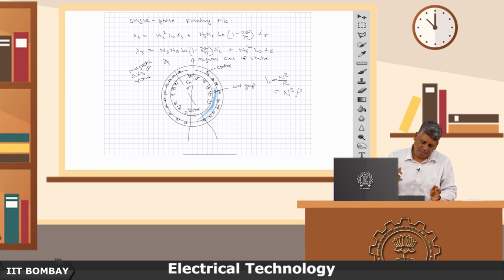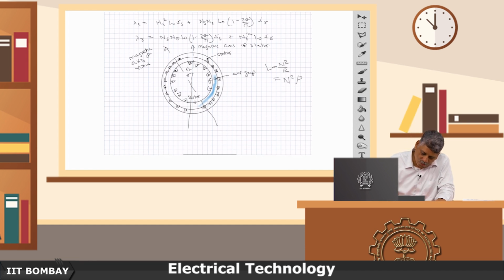Now, by doing this, what we make sure is, instead of having this as ns nr L naught into (1 minus 2 theta by pi), we create this mutual inductance as cos of theta, or in other words m cos theta.